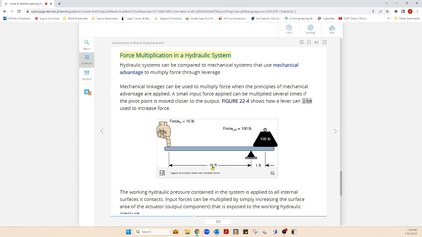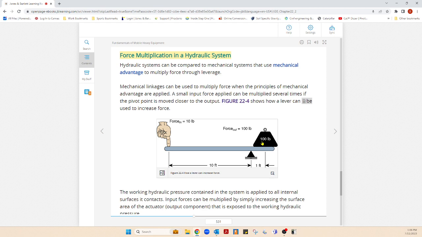By the way, that's how they do backhoes to get their maximum. The further out you go, and you crane guys know this too, the more leverage to your advantage, or even disadvantage if you don't want to tip the crane over. But here's the takeaway. When you move this out here, you're going to move it down so much, but you're only going to be able to move this a little bit.